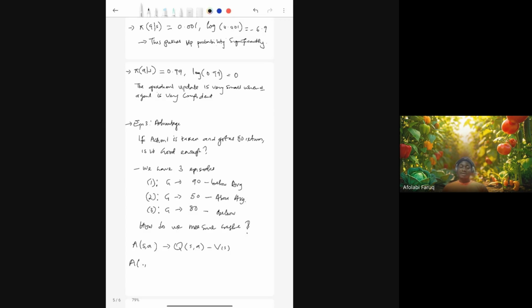So when we are writing a value policy, the way we write value policy is this, or A given S. But when we are writing this formula, it's going to be something like S comma A, state departure. So this is the expected, like how much better or worse do we expect?